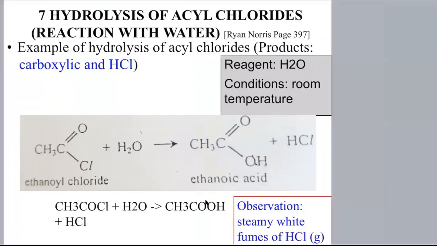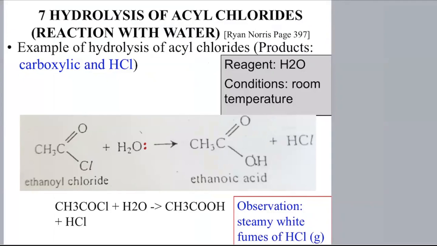So here's an example of a reaction of an acyl chloride with a nucleophile, in which case the nucleophile is water. We call this reaction a hydrolysis of acyl chlorides. I believe that you have that space. Example of hydrolysis of acyl chloride, you can copy this down.